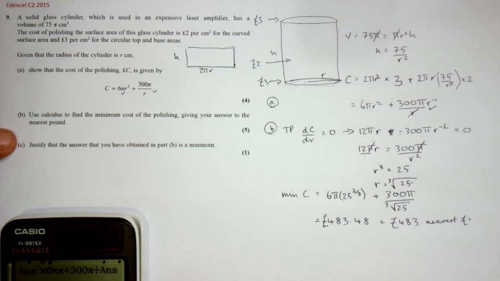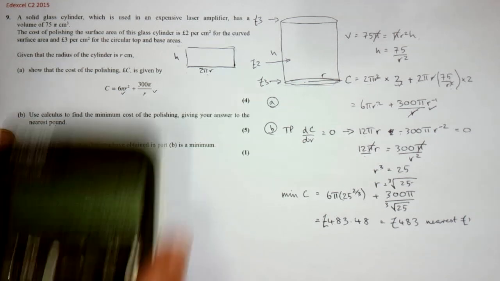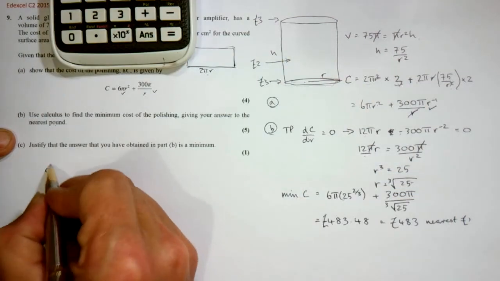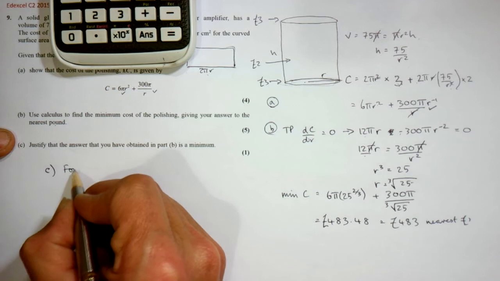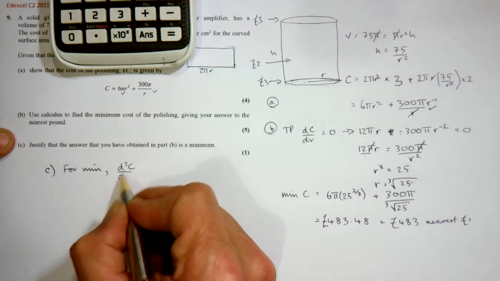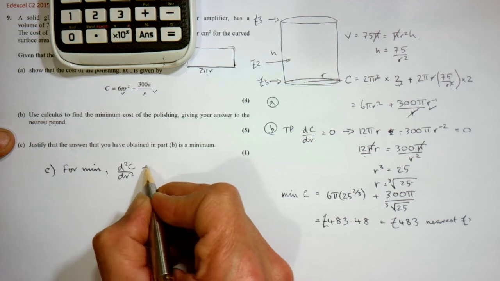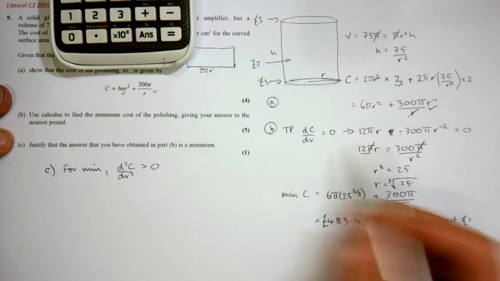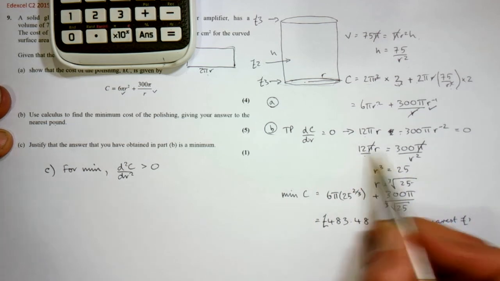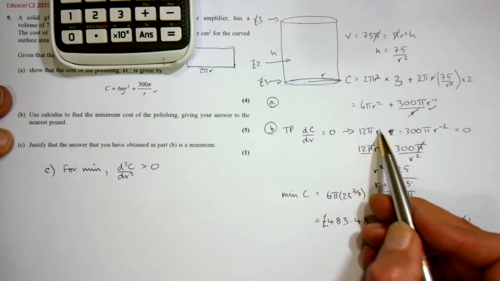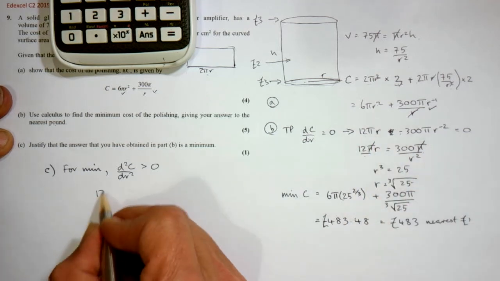Justify the answer you've obtained as a minimum. So at a minimum point, part C, the second derivative d2C by dr squared must be bigger than 0. d2C by dr squared: differentiate this one, times by the power, becomes 12 pi.